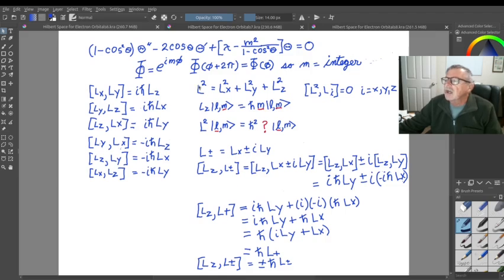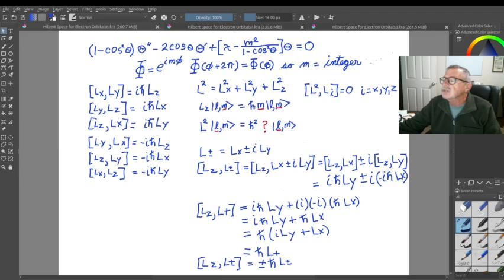L squared, which is the total angular momentum squared, is equal to Lx squared plus Ly squared plus Lz squared. And if we take Lz and operate on the vector L, m, we get back h bar m. Now where did that come from? Well, the h bar is the measured value, which we can run backwards to the magnetic moment.